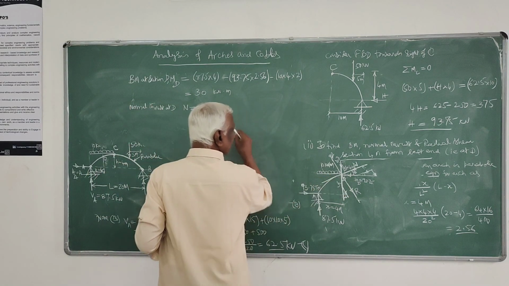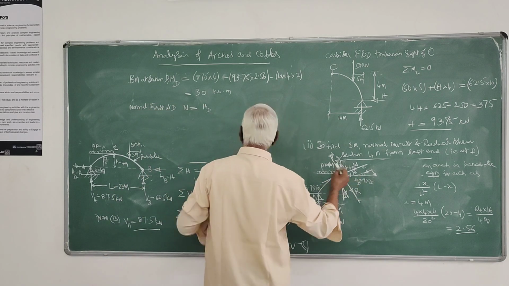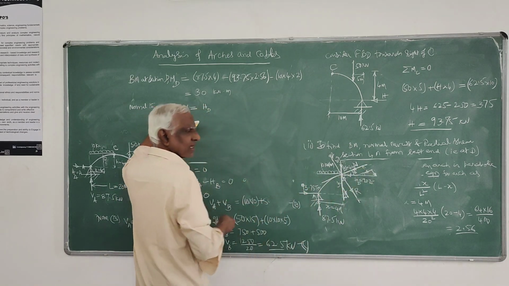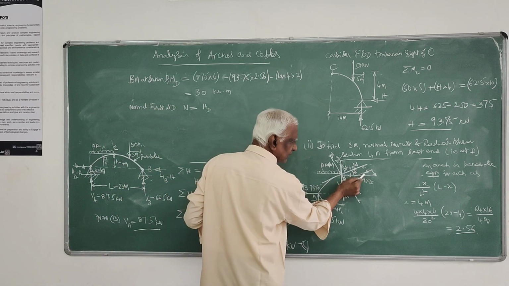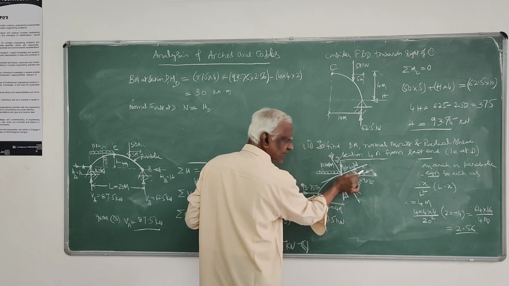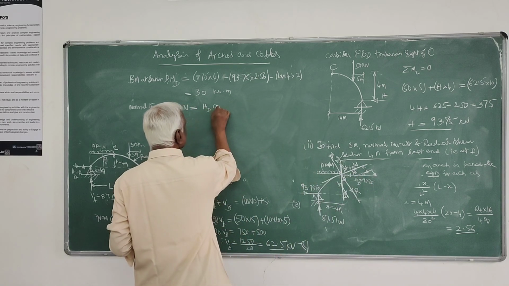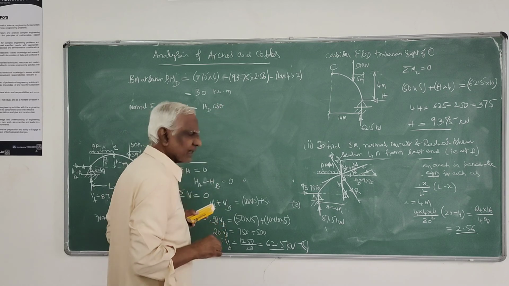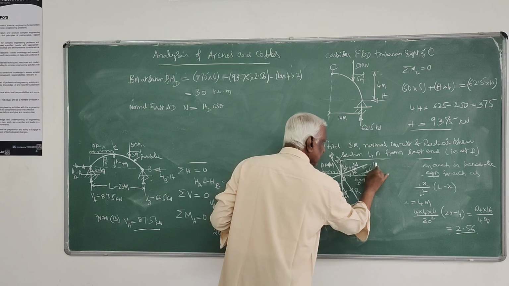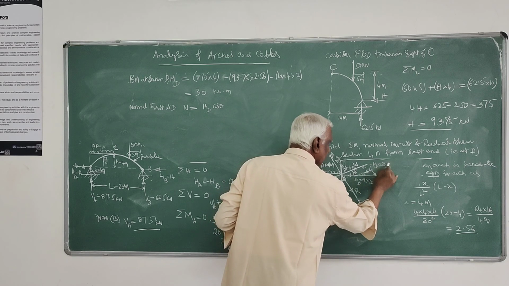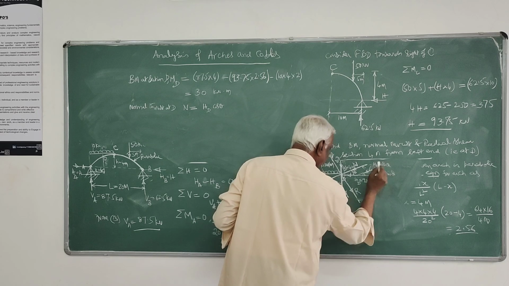So this Hd, I will take the force along the tangential direction, that is this. This is theta, the adjacent side is cos, so Hd cos theta. This is Hd sin theta.